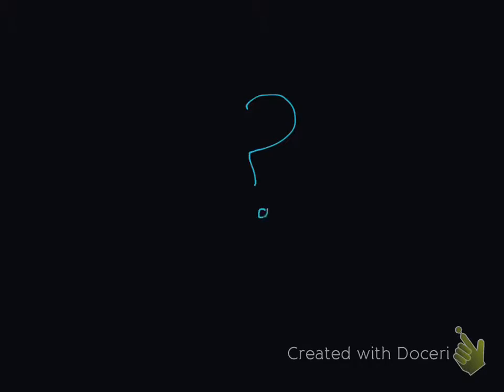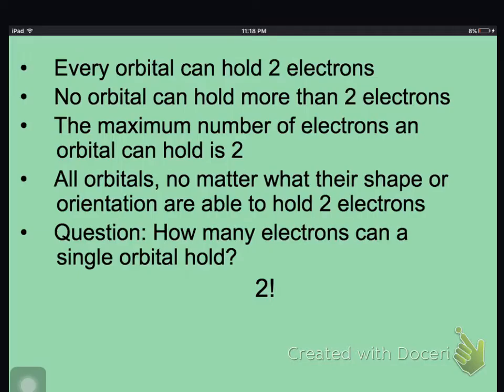Did you notice a pattern with the number of electrons that every orbital seemed to hold? Did it seem to get repetitive? Well, as a matter of fact, there's a very definite number of electrons that any orbital can hold. Any S, any P, any F, any D, any G. Yes, it gets weirder than F. Every orbital can hold 2 electrons. There is no orbital that can hold more than 2 electrons.